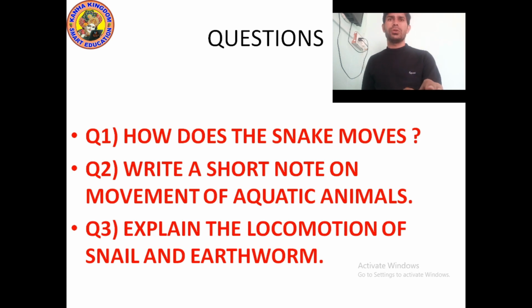Question number two. Write a short note on movement of aquatic animals. If we talk about the movement in aquatic animals, fish have fins to move in water. The fins help fish to swim and maintain balance in water. The tail fin helps to change the direction.